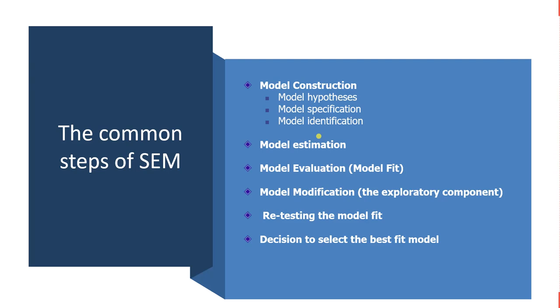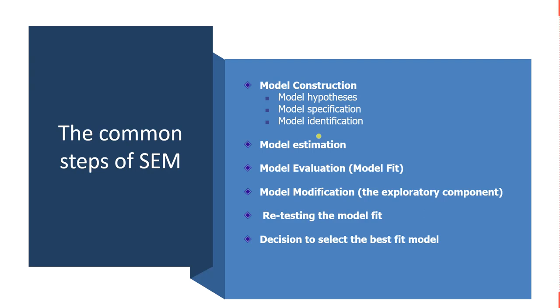And after estimating, we evaluate the model, whether the model with the uniquely estimated parameters is really fitting with the data or not. And then if it is not fitting, then we can again move in an exploratory fashion.